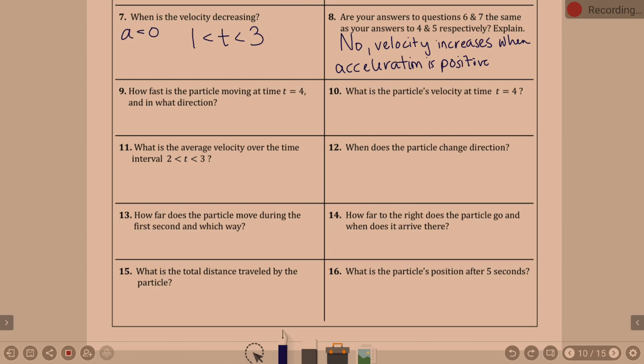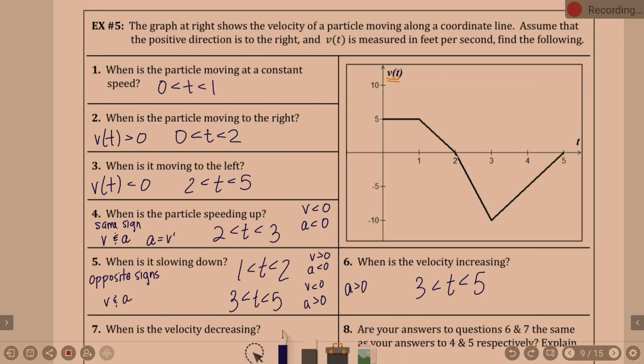Okay, ready for 9? How fast is the particle moving at time t equals 4 and in what direction? So, what do we know about time t equals 4?